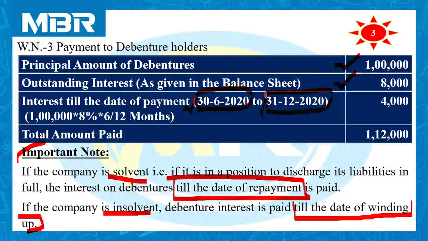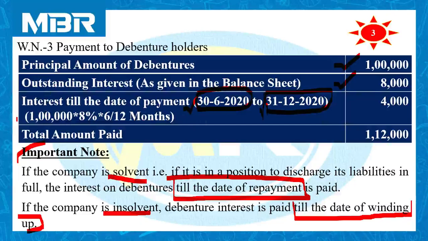So from June 30, 2020 to 31st December 2020, July, August, September, October, November and December, there is a period of 6 months, and we have to pay interest for these 6 months to the debenture holders because the company is financially sound, stable or strong.